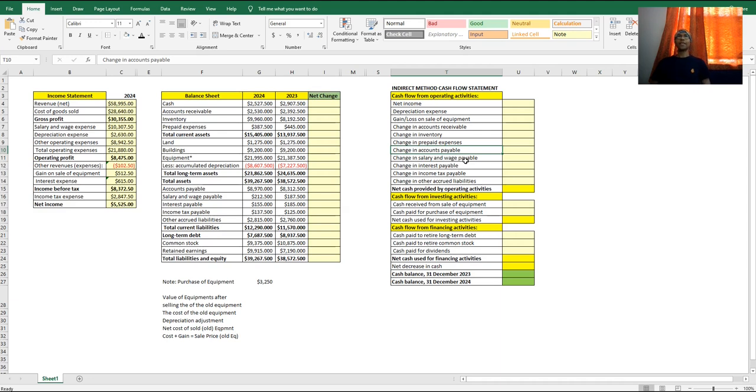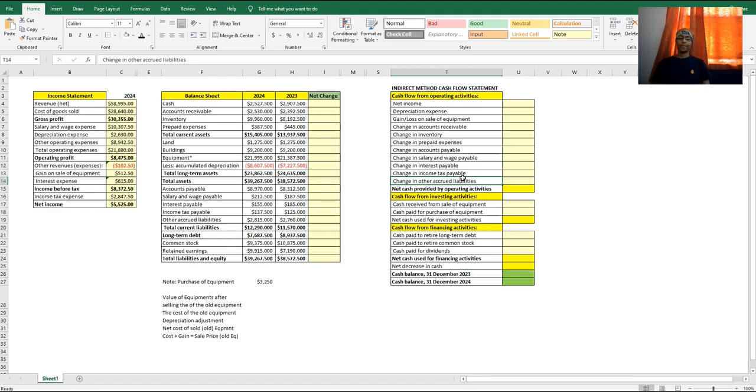Contrarily, if there is an increase in accounts payable, interest payable, or tax payable, then that represents a net cash inflow, and they will be added as positive entries. The increases in payables and liabilities will be entered as positive entries, and the increases in receivables, inventory, etc. will be entered as negative entries.